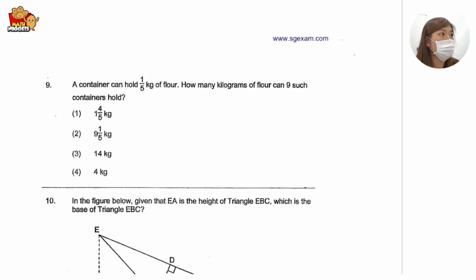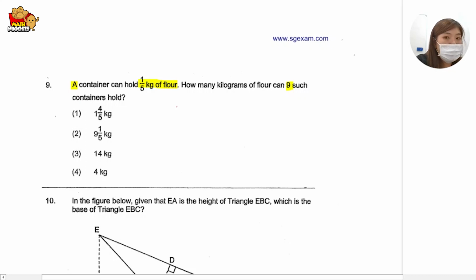So for the next question, one container can hold 1/5 kg of flour, and the question is asking how many kilograms of flour can 9 such containers hold. To start with this question, you know that one container can hold 1/5 kg, so 9 containers would be 1/5 multiplied by 9, and this gives you 9/5 kg.